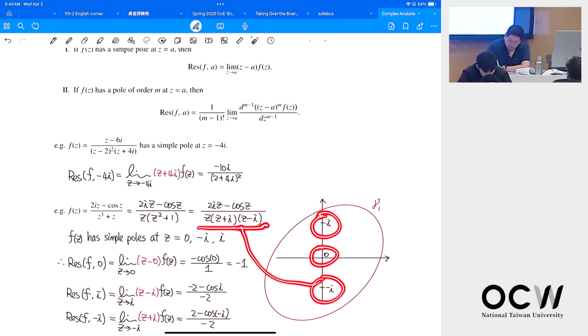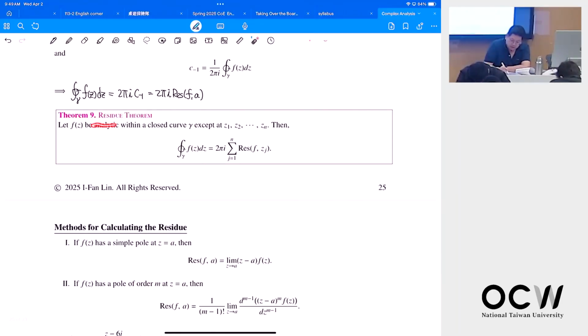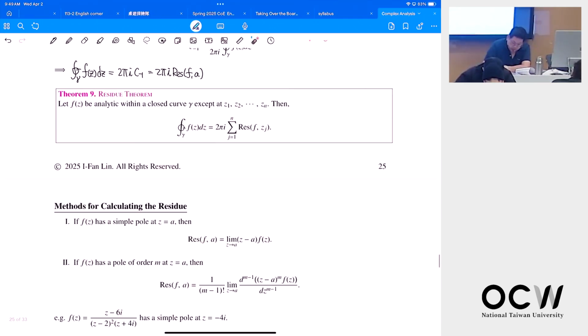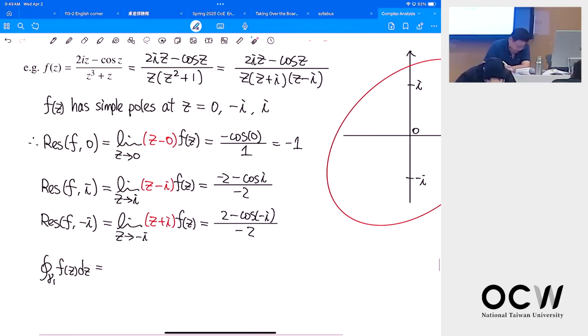So for these 3 points, by the residue theorem, I should have 2 pi i times their summation.